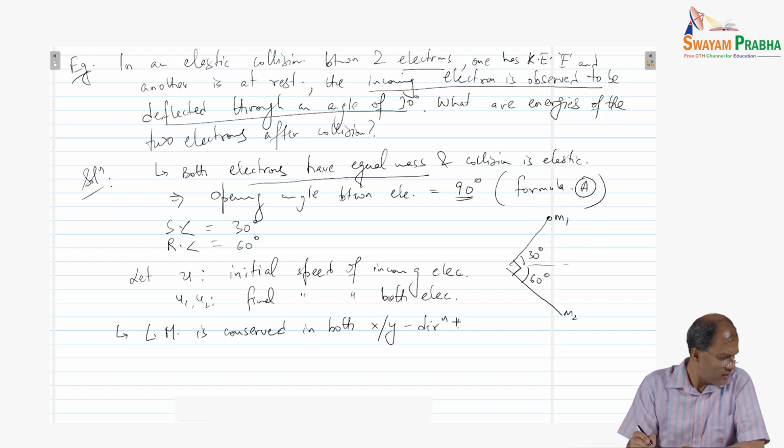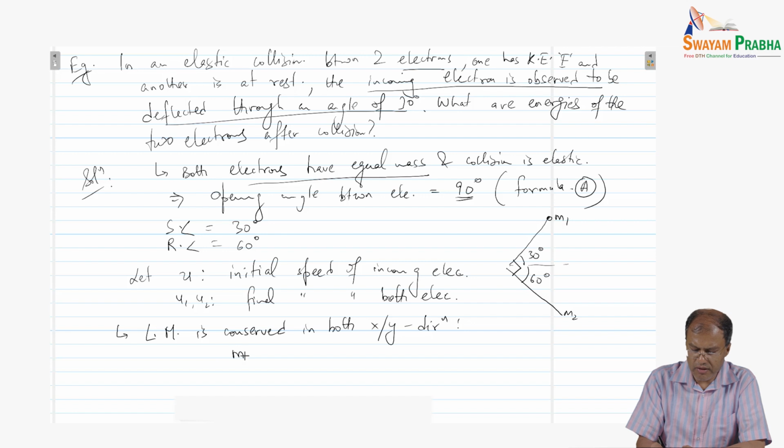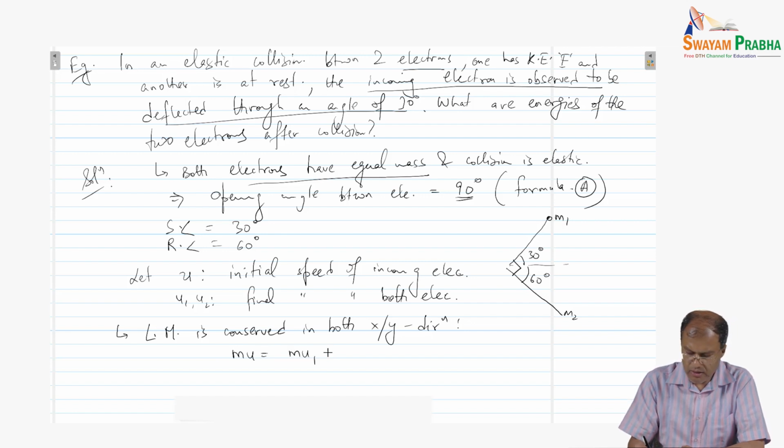In the x direction, m u equals m u1 cos 30 plus m u2 cos 60.